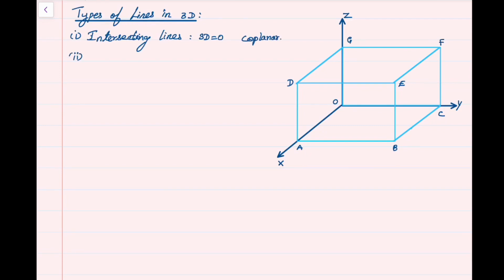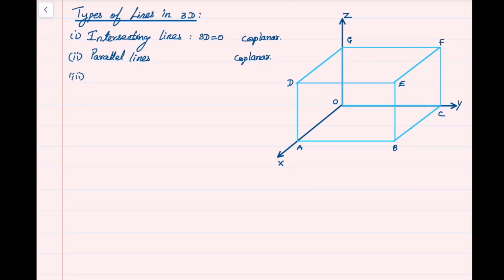And then the second type is parallel lines. We can measure the distance between parallel lines. Wherever we measure, the distance will be the same. And these lines are also coplanar. We will be able to draw a plane passing through two parallel lines.